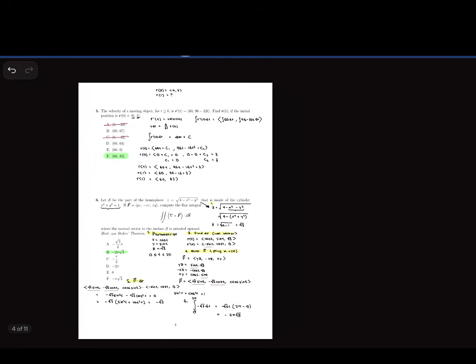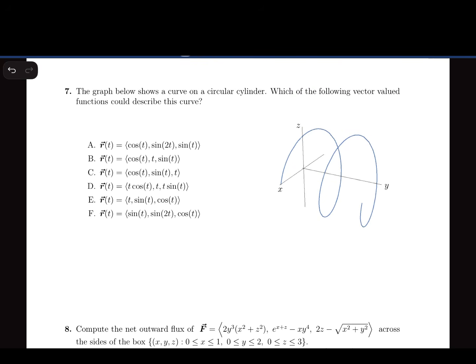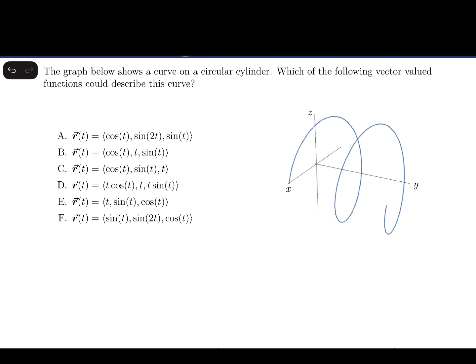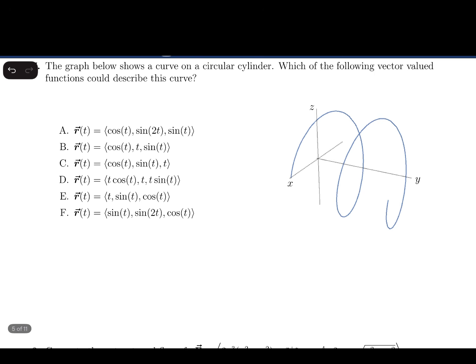Okay, moving on to question number 7. Question number 7 says, the graph below shows a curve on a circular cylinder. Which of the following vector-valued functions could describe this curve? Okay, so I want you to just look at this curve real quick and notice the x and the y and the z. Usually when you see one of these, you might think, oh, the x is the cosine, the y is the sine, and the z is the constant, so it makes this cute little cylinder.